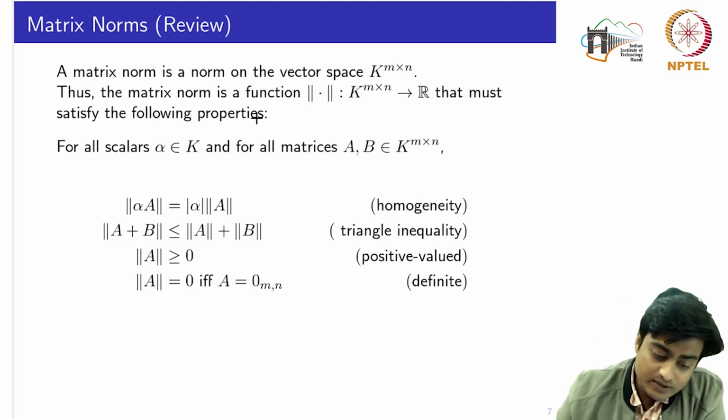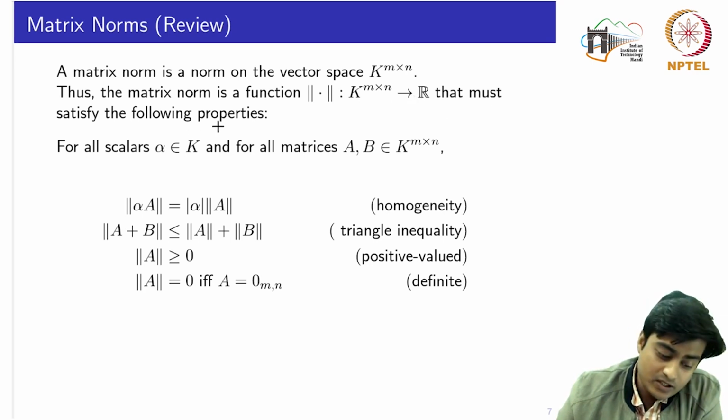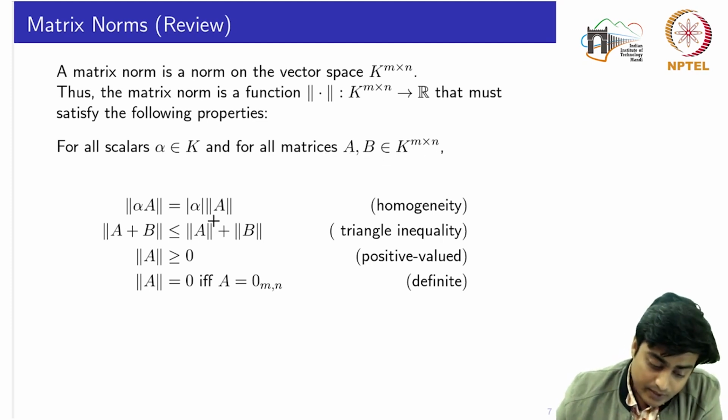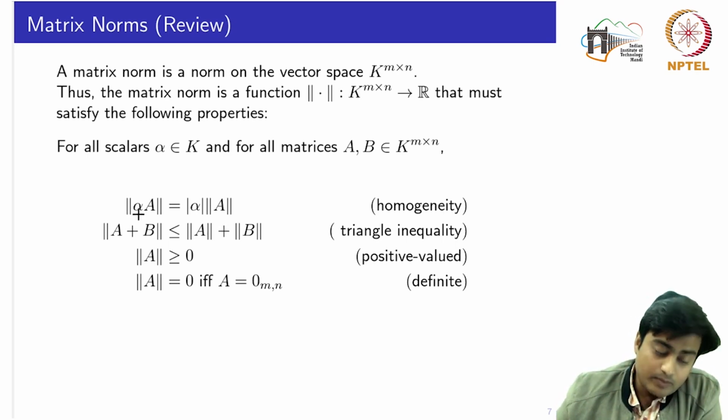So the matrix norm is a function defined such that an m cross n dimensional space can be mapped into a scalar value that must satisfy the following properties: for all scalars alpha belonging to the field K, and for all matrices A, B belonging to the dimension m cross n, the matrix must satisfy homogeneity, meaning that the norm of the multiplication of the scalar alpha and the matrix is equal to the absolute value of alpha times the norm of the matrix.